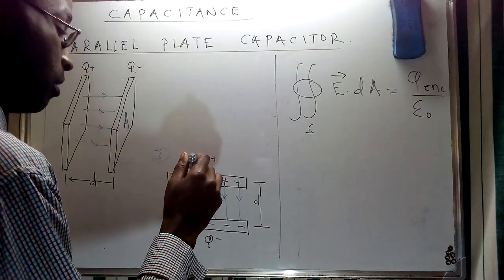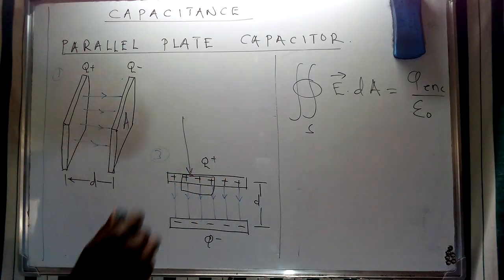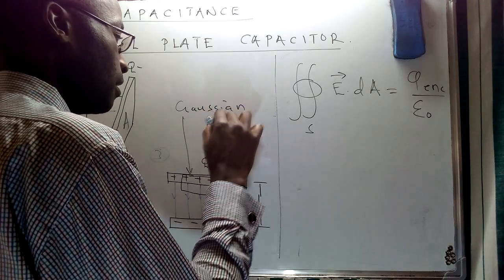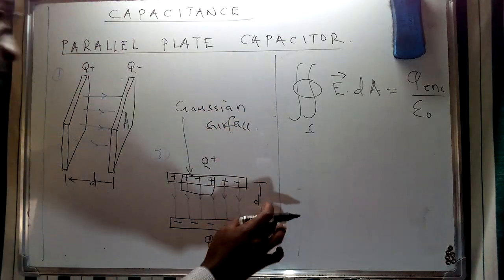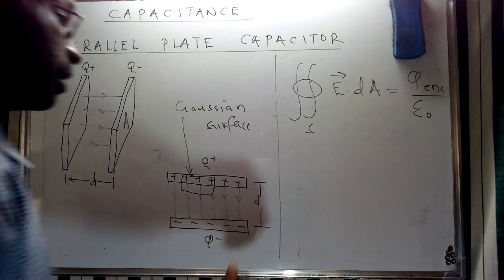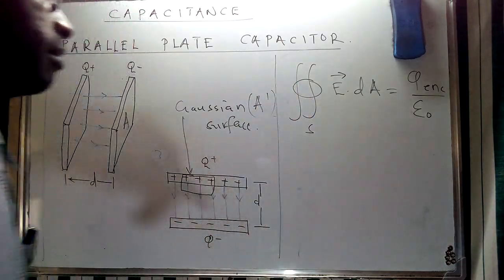This area forms a Gaussian surface, and this is the separation distance between the two plates. For the product of the electric field, we can give this area the label A prime.